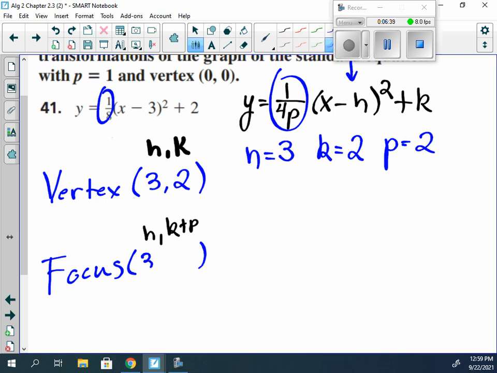We already said the value of h is 3, and the y value of the focus is k plus p. What is k? 2, plus p is 2, so the focus is the point (3, 4).